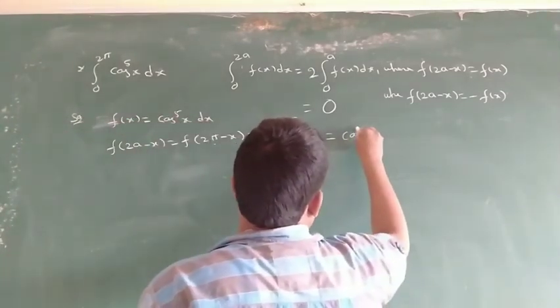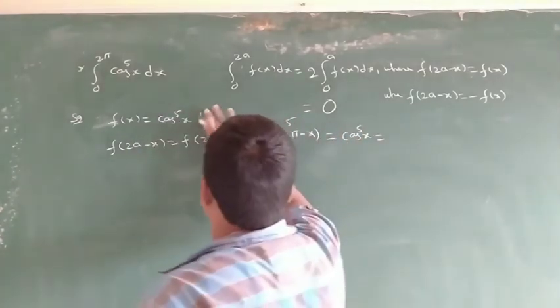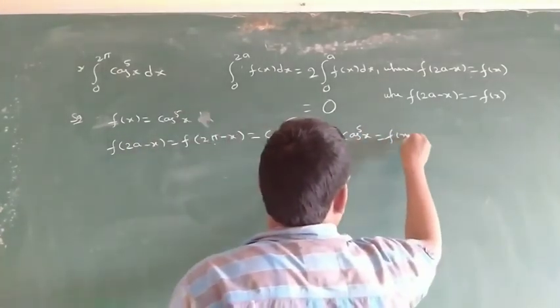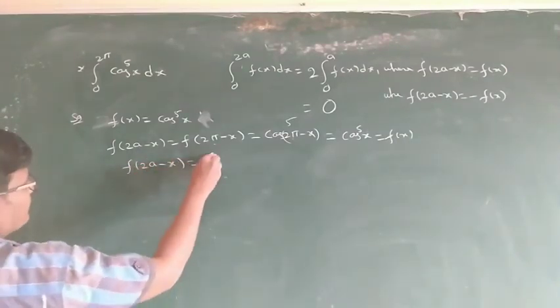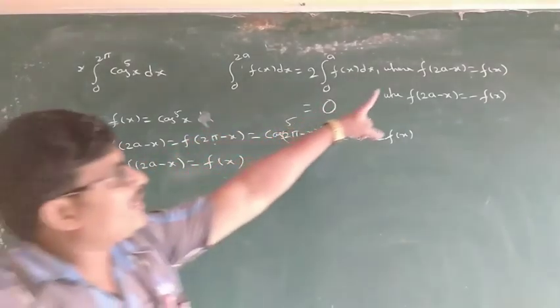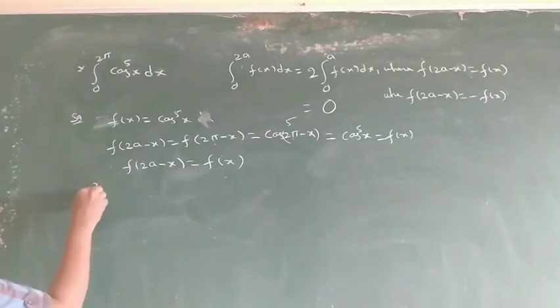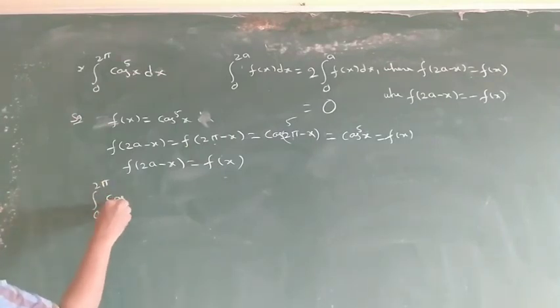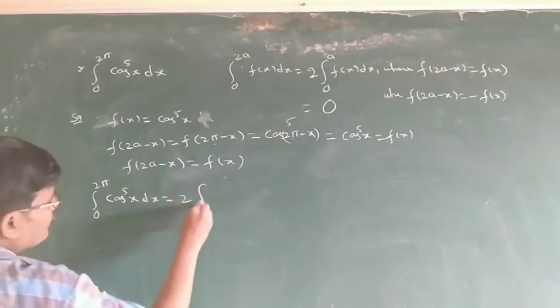So cos power 5x, which is f of x. So f of 2a minus x is equal to f of x. Therefore integral 0 to 2 pi cos power 5x dx is equal to 2 into integral 0 to a.